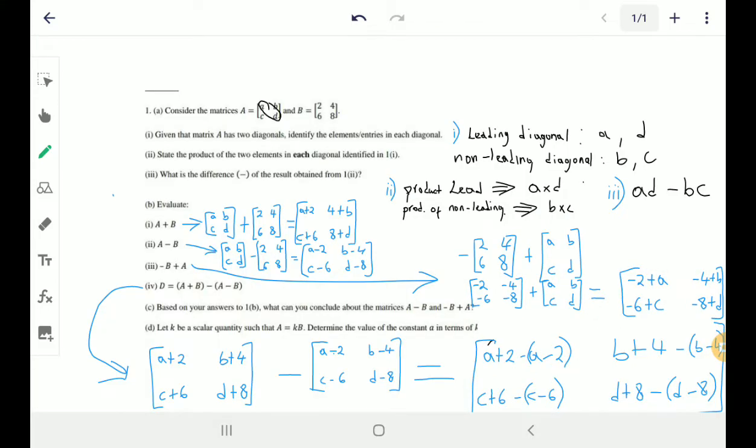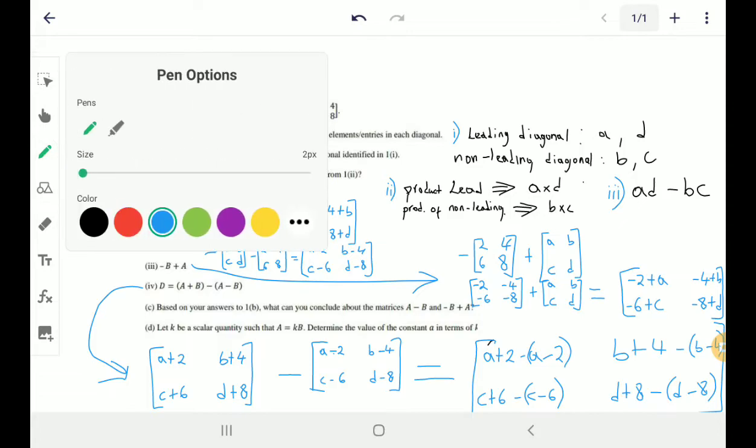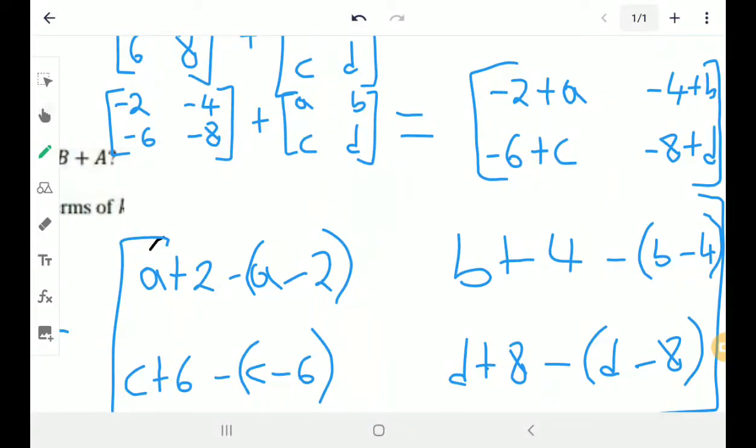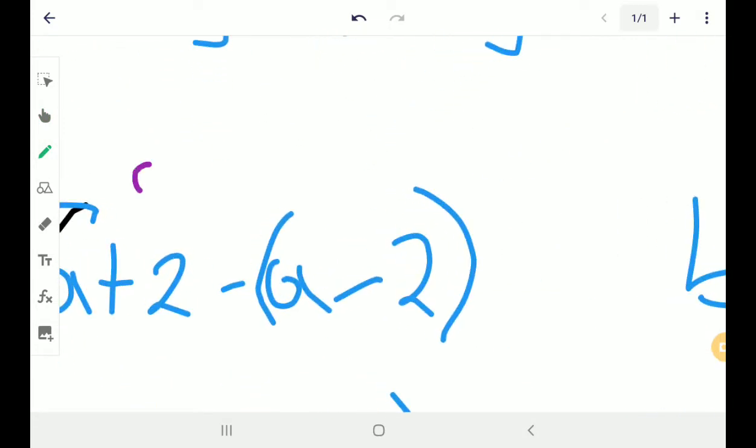Now, let's use a different color to identify what we're doing here. So let me zoom in. So look at what will be our result. A plus 2 minus A minus 2. Now think about this. This is minus A, and negative times negative gives you a positive. So we end up with A plus 2 minus A plus 2 again.